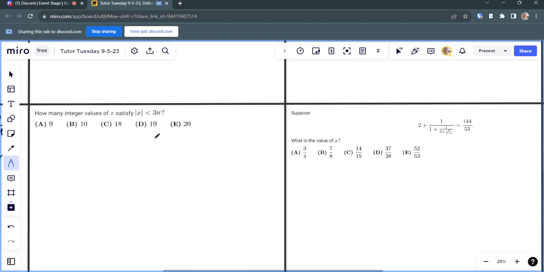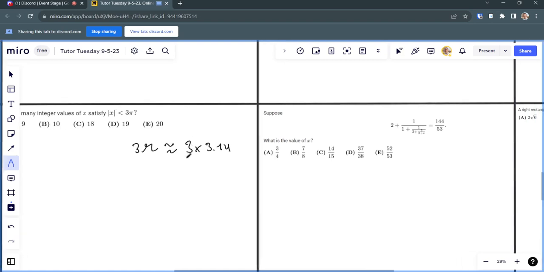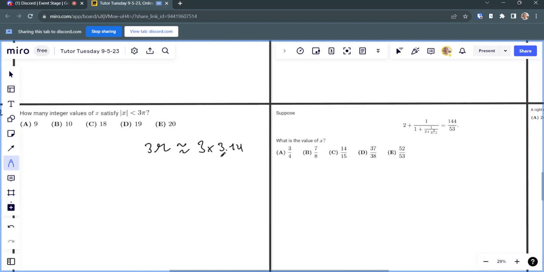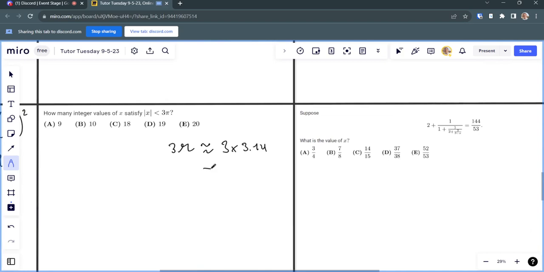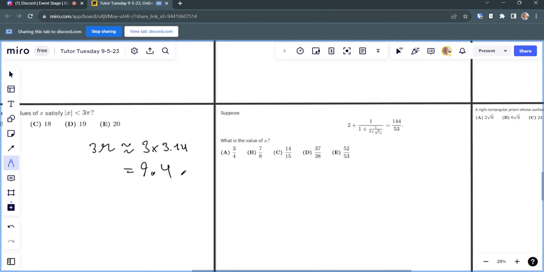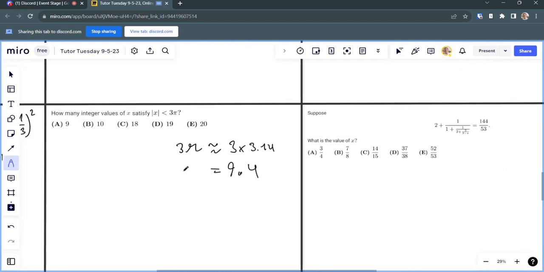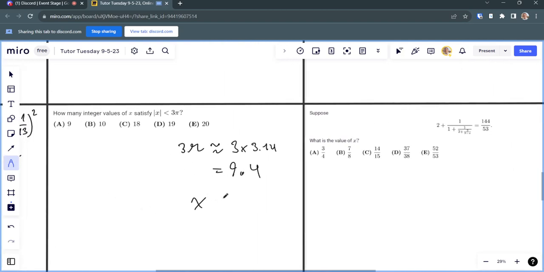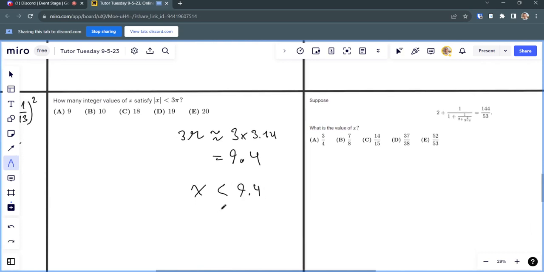Not many. Let's think. So 3 pi is approximately equal to 3 times 3.14, and that's something like 9.42. Doesn't matter. We know that x has to be less than 9.4. So x could be equal to 9.